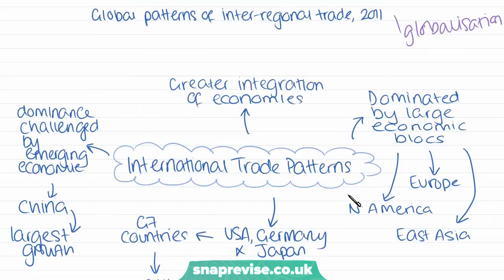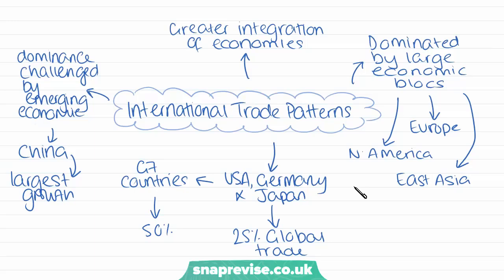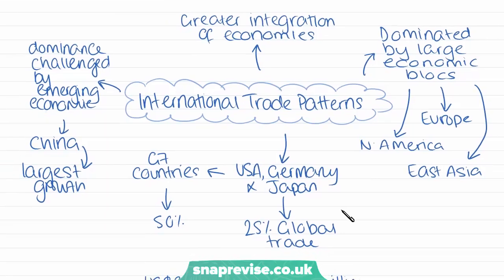So now we're going to learn a bit more about these international trade patterns. And just to recap the trends that I just showed you on the map, the international trade patterns are being influenced by greater integration of economies and have typically been dominated by North America, Europe and Eastern Asia, such as countries like Japan and Taiwan.